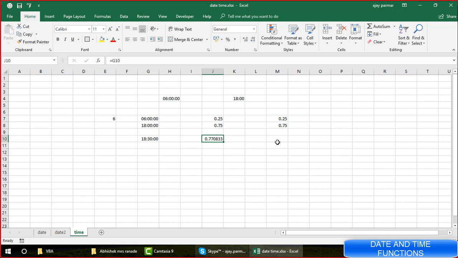So now it is coming 0.77. Let's go and check that. Guys, 18 hours is 18 by 24, right? And we have 0.75. Now what about the 30 minutes? Obviously 30 minutes also has some contribution to the entire day.